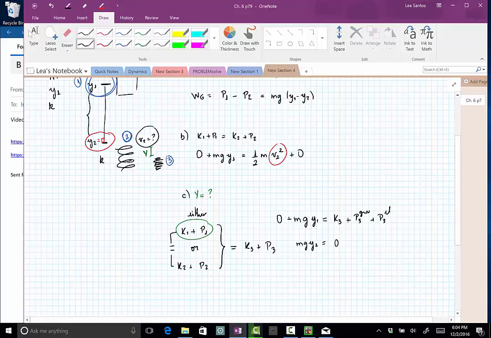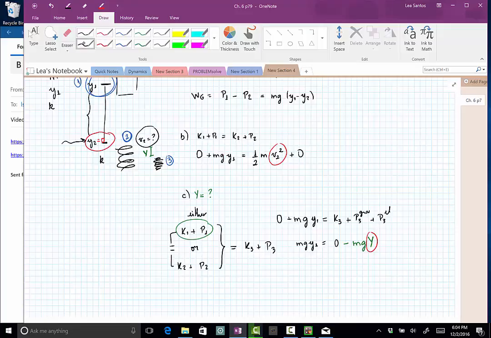And how about gravitational potential energy? This is one part of the energy that the students sometimes forget. But since I chose this point as being 0 and I'm now below, I need to take into account negative mgy, and y here is our unknown. So we do have to take into account gravitational potential energy. It's not just 0, I'm below point 0.